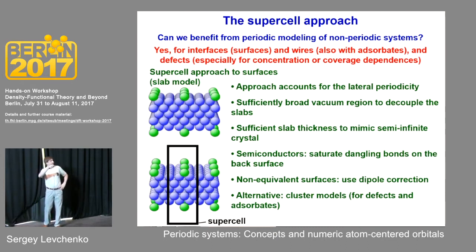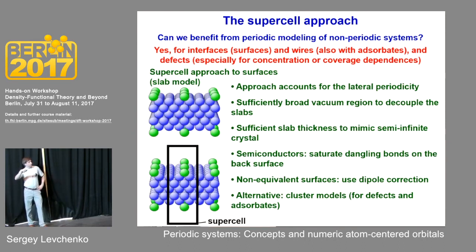In that case, in order to make the system periodic, we implicitly introduce an artificial electric field that makes the potential periodic for such systems. So one has to compensate this electric field to remove its spurious effects. And this can be done with a dipole correction.